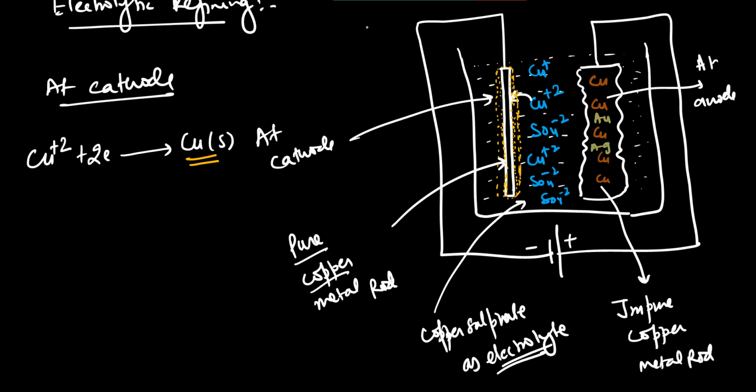So what is going to happen if all the Cu2+ ions are moving to the cathode? The sulfate ion is a stable ion, so it will not go to the anode. It will remain in the solution. So if all the positively charged copper ions start going there, what would happen?